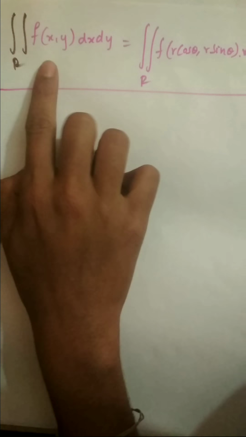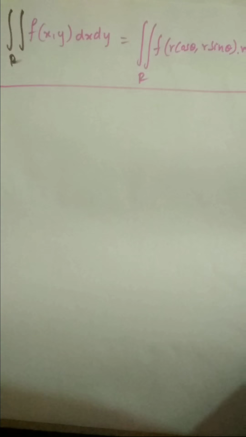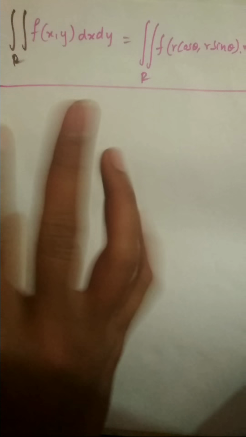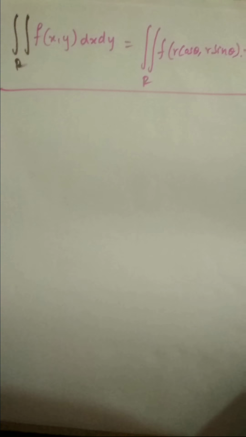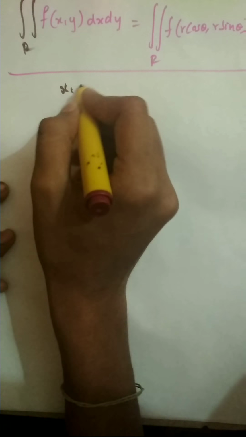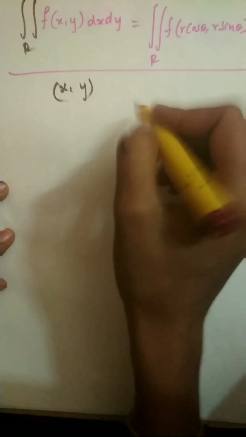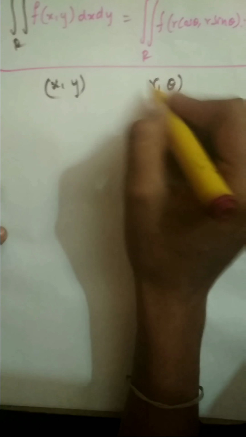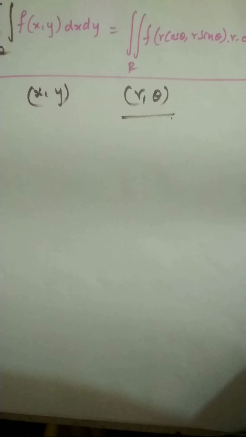This is the interconvertible formula from the Cartesian coordinate system to the polar coordinate system. The difference between them is that the Cartesian coordinate system changes with respect to variables x comma y, whereas the polar coordinate system changes with respect to variables r comma theta.